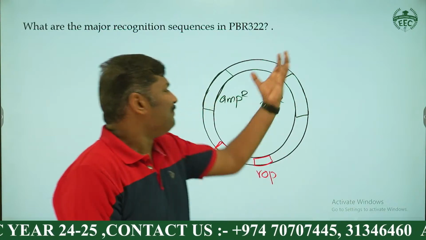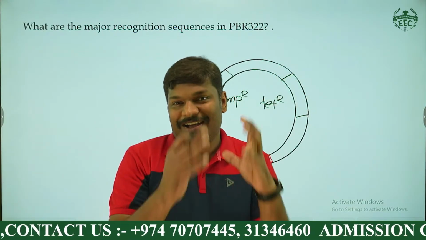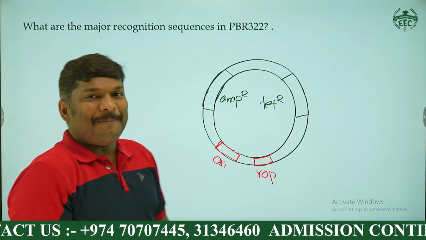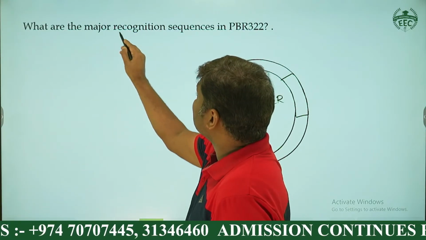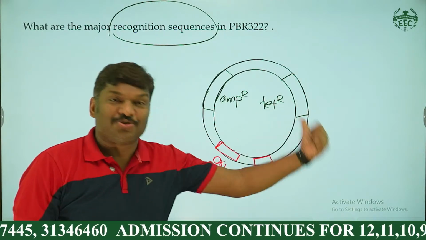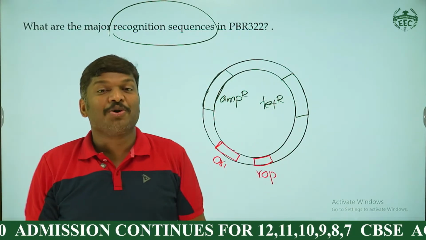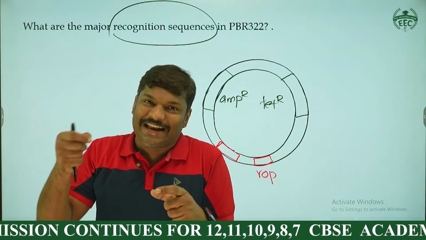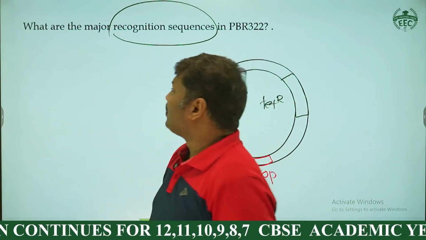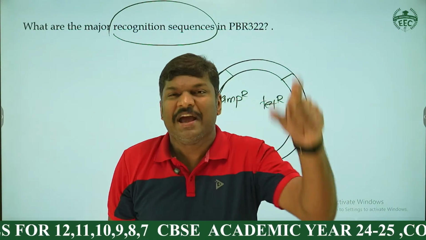And here you can see this is the basic structure of a plasmid. But the question does not ask you to draw the basic structure. The question is what are the major recognition sequences? Recognition sequence. So far, I didn't mention anything about recognition sequences. And what do we mean by recognition sequence? Whenever there is a restriction endonuclease enzyme, the restriction endonuclease must have a recognition sequence.